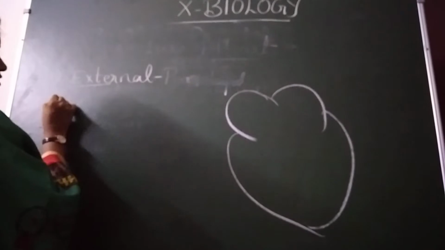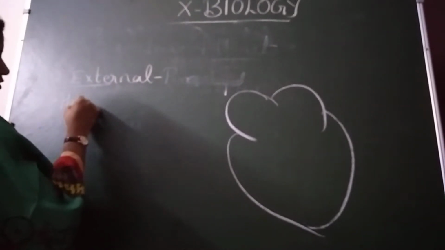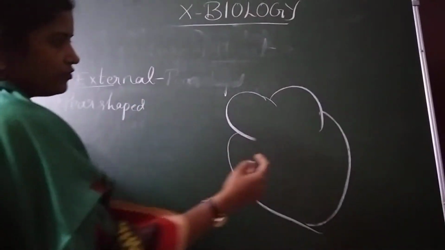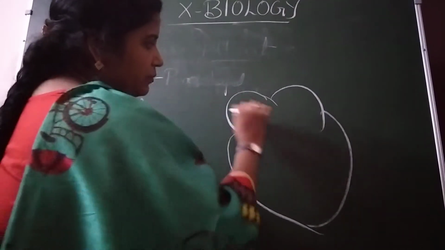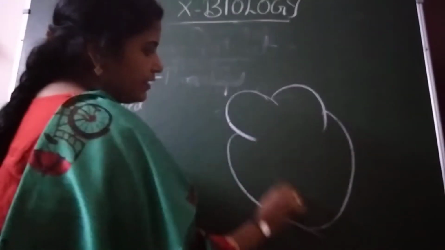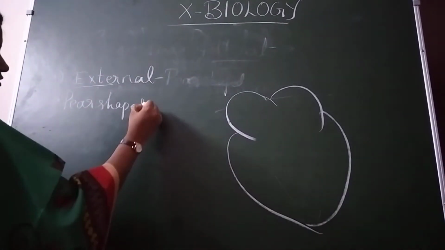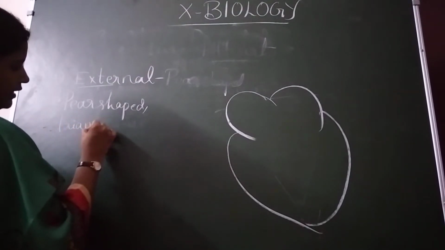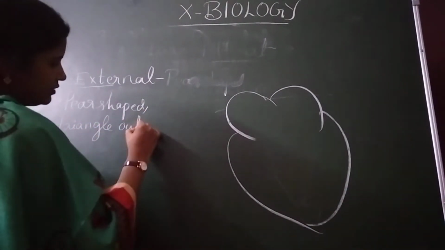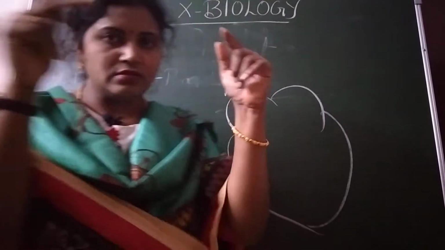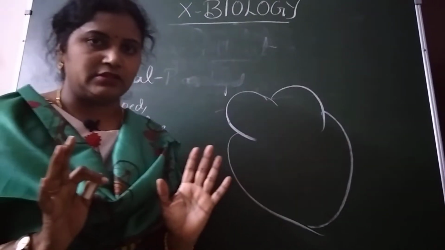First one, external features: it is a pear shaped structure. And how is the outline? It will be a triangle outline. So pear shaped and triangle outline. Since it is pear shaped, it appears as a triangle outline.